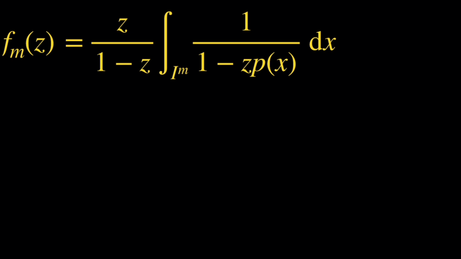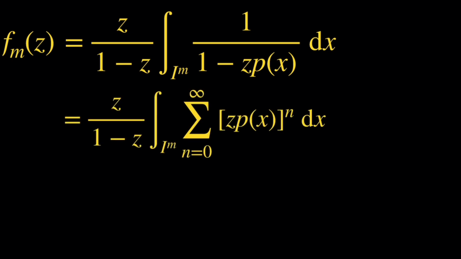And for z, we just saw that the radius of convergence of our generating function was 1, and it was convergent inside the open unit disk. So if we take the modulus of z times p of x, we know that it's going to be less than 1.